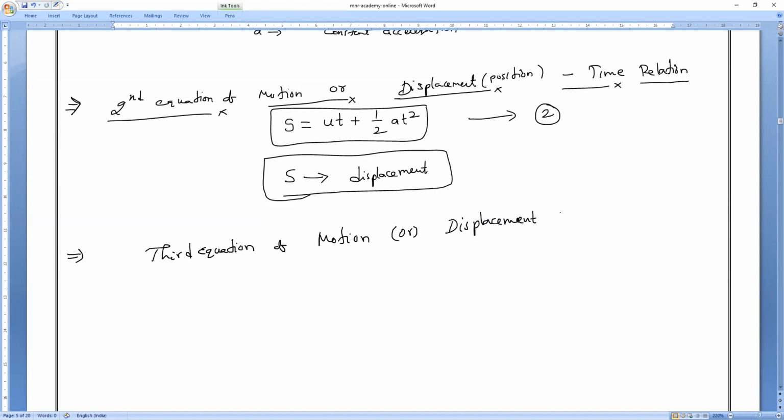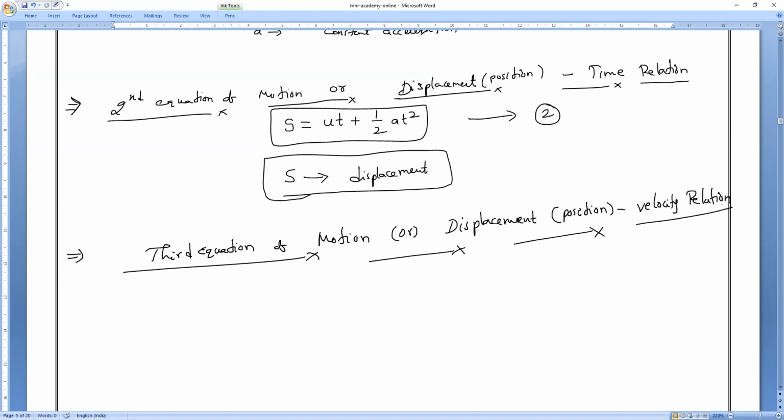What is the first relation called? Velocity time relation. Second one, displacement time relation. Third one, displacement velocity relation. Have you noticed it?